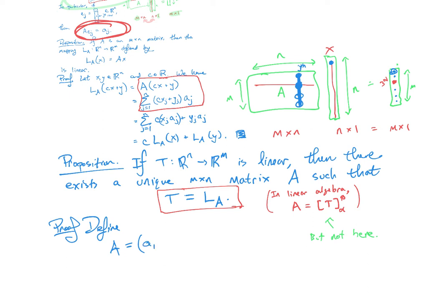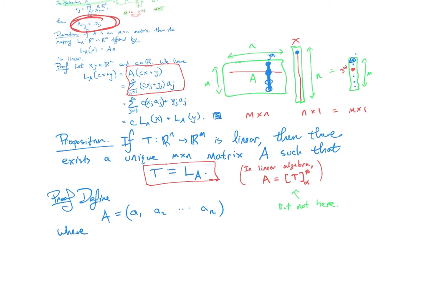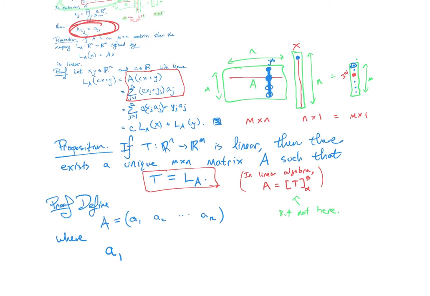We're going to have N columns, and we are going to define AJ to be, since we want A to match the transformation T, the image of EJ under T, which, because T maps from Rn to Rm, is a vector in Rm.